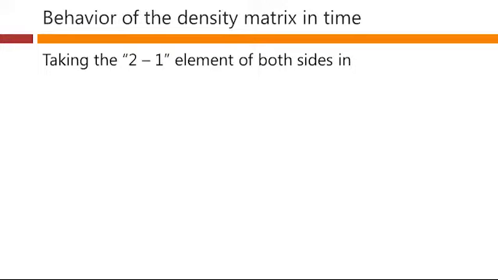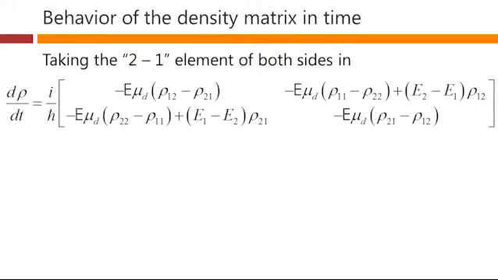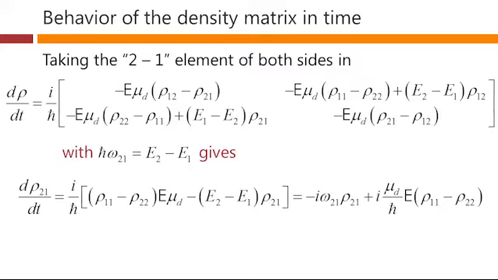Well, let's take the 2,1 element of both sides, for example, in this expression we just deduced. So that will be d rho 2,1 by dt, and writing that h bar omega 2,1 will be defined to be E2 minus E1, then we can write this expression out here for d rho 2,1 by dt.